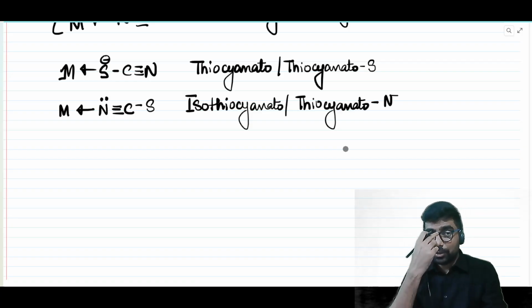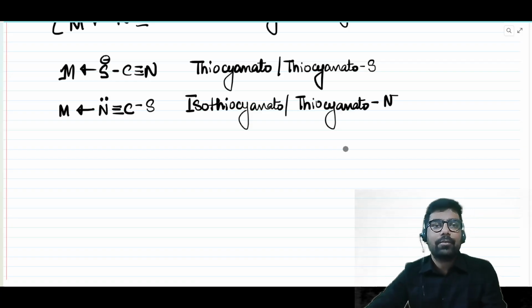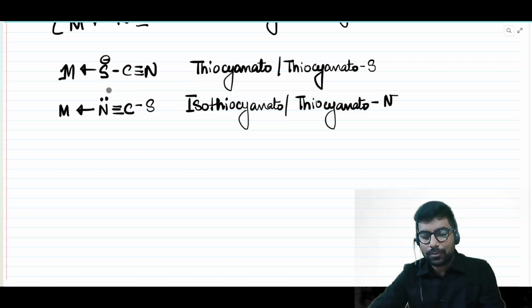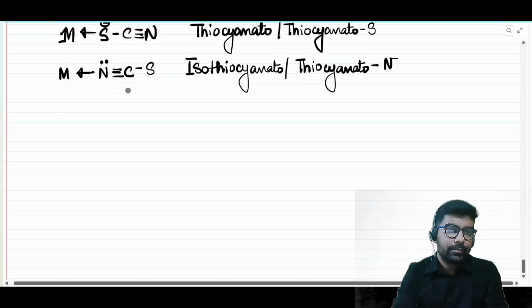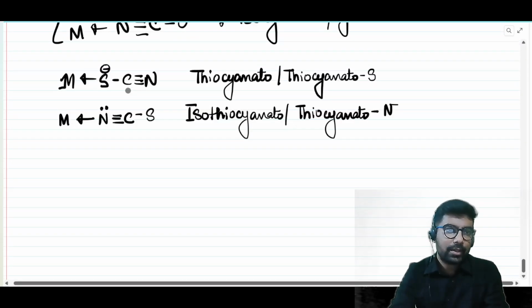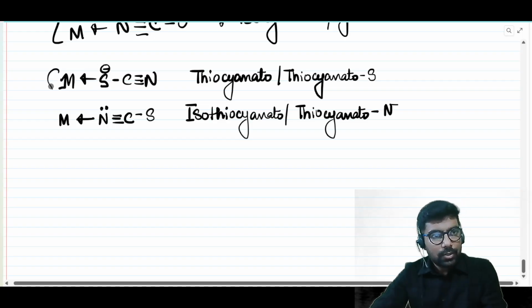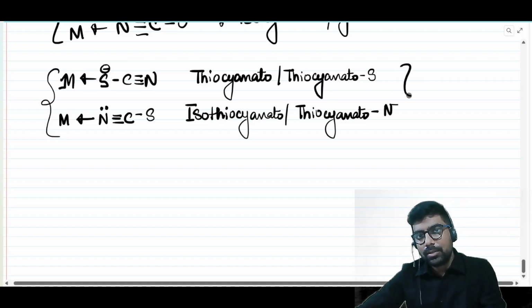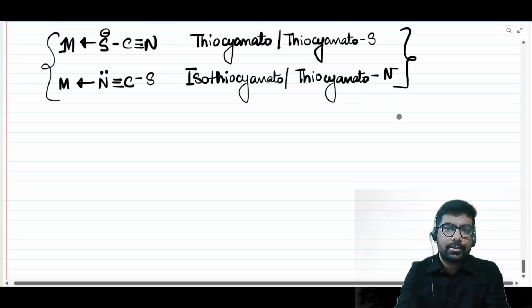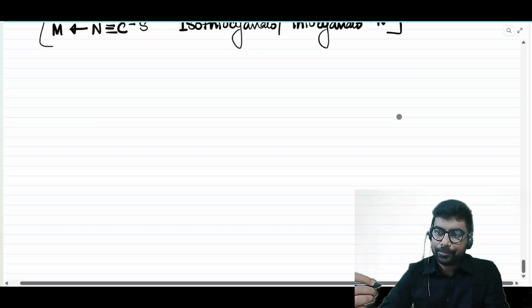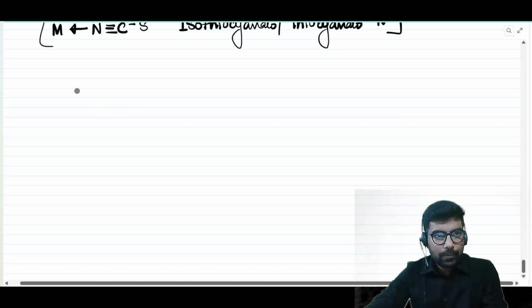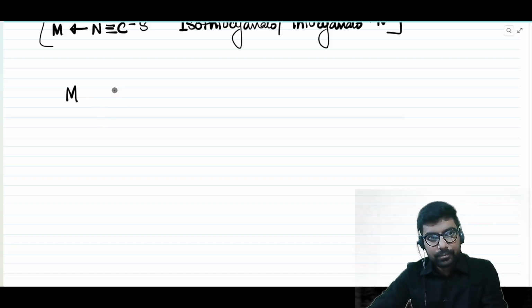So again, this is also a pair of ambidentate ligands where first the donor site is sulfur, the second the donor site is nitrogen. And the last one of this class of ambidentate ligands will be: metal, nitrogen, O minus.